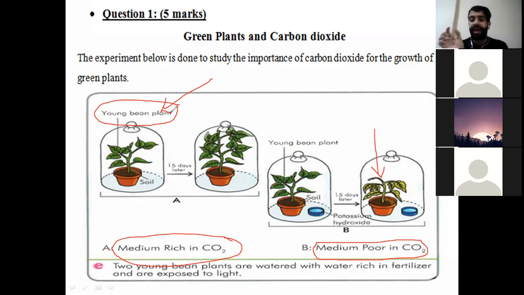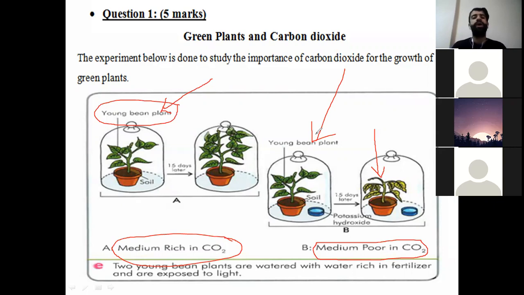While the indication is specific to this experiment, talking about the bean plants, the conclusion should be in general: CO2 is important for the green plants, and one of them is the bean plants.